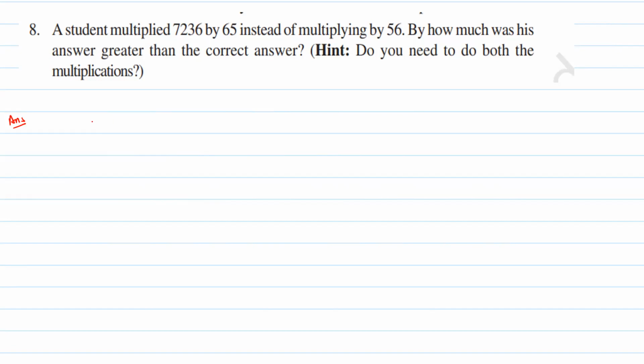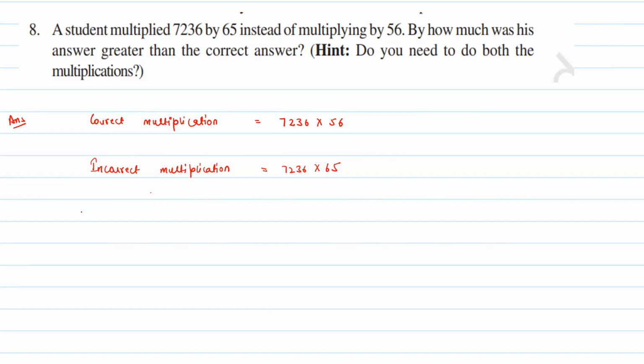The correct multiplication should be 7236 multiplied by 56. The incorrect multiplication is what he did by mistake: 7236 into 65. So we will not multiply it.